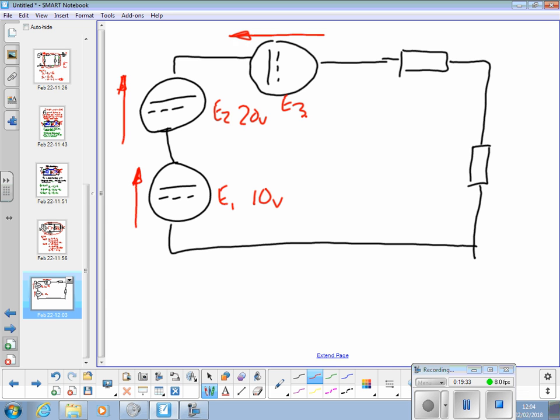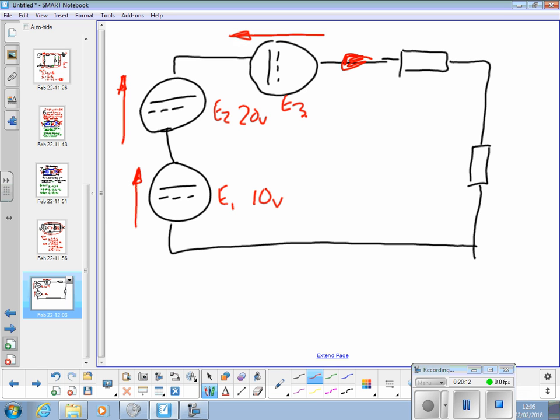Now, given the information so far, which way would you put a current on that diagram? We're going to put a current arrow on it that way.